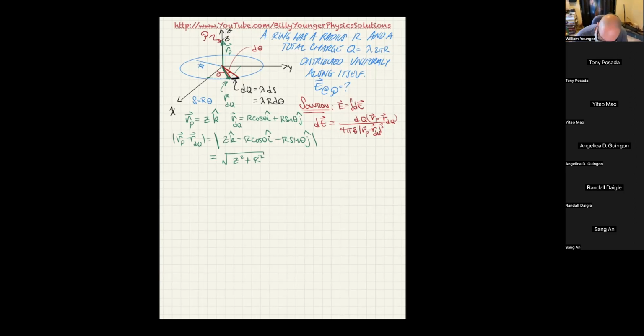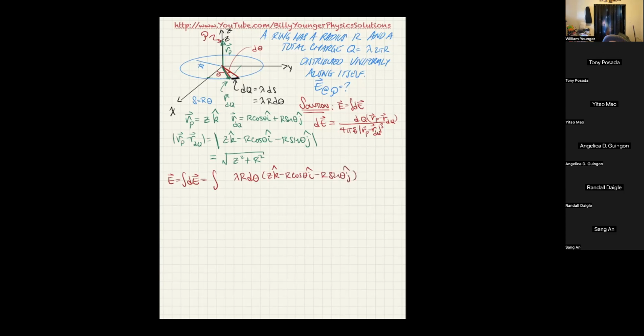So now I can go ahead and say that the electric field E is equal to the integral of dE, which equals the integral of, I have dq, that's going to be lambda r d theta. And then I have rp minus rdq, which is going to be z k hat minus r cosine theta i hat minus r sine theta j hat.